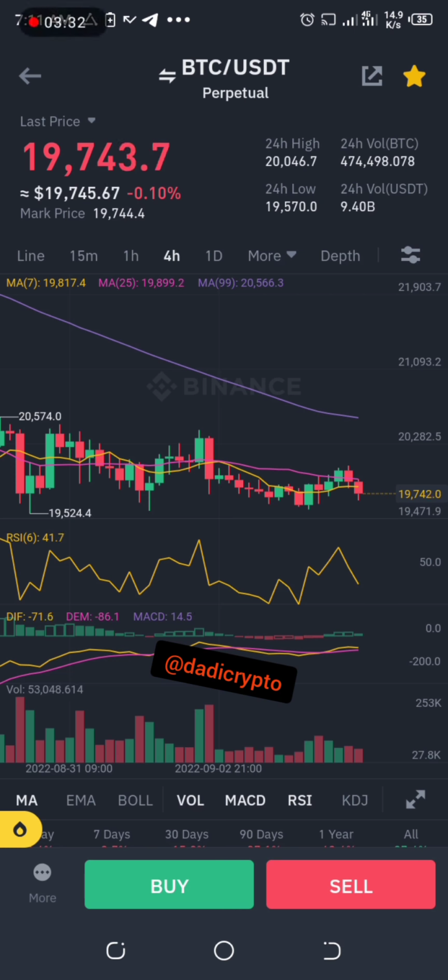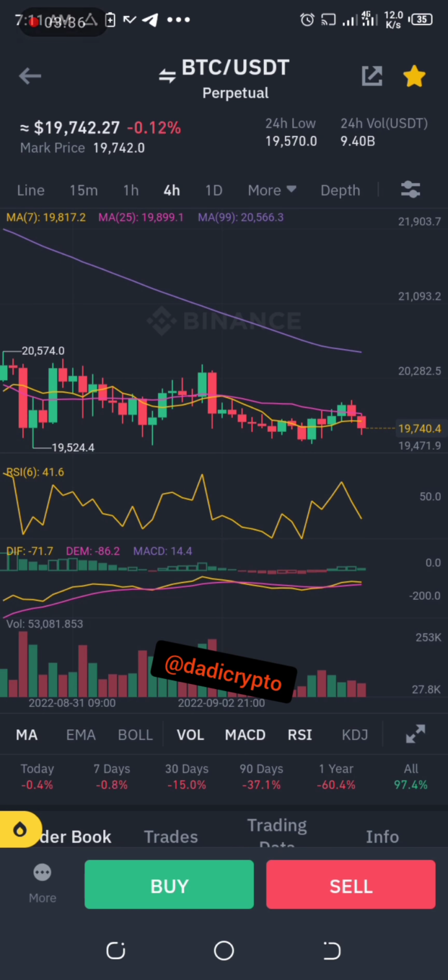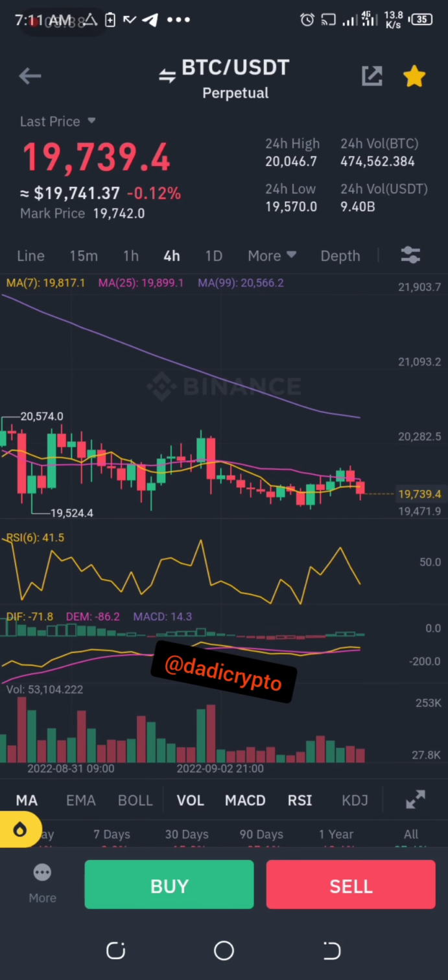Let's say we want to predict the price of Bitcoin in the next 30 minutes or 1 hour. If we feel this price is going to go up in the next 1 hour, 2 hours, 30 minutes, or 15 minutes, it doesn't matter the time you want to trade. So if you predict that the price is going to go from $19,735 to $20,000, that means you are predicting the price is going to go up.